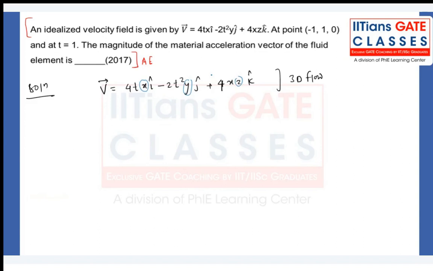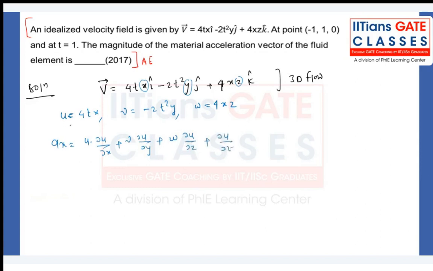Now, here the u component of velocity will be 40x, v will be minus 2t square into y, and omega will be 4x into z. What you're observing from here is that ax is u into dou u by dou x plus v into dou u by dou y plus omega into dou u by dou z plus dou u by dou t.